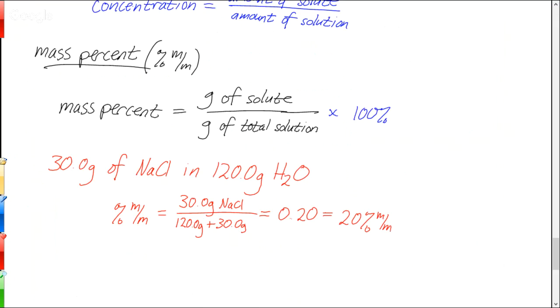And it's important to specify it by mass because there are other ways of talking about percentages too. You can have percent mass by volume. You can have percent volume. Volume percent, or percent by volume, is what we measure, for instance, alcohol. If you have a bottle that has alcohol in it and it has a little label that says percent ABV, that stands for alcohol by volume.